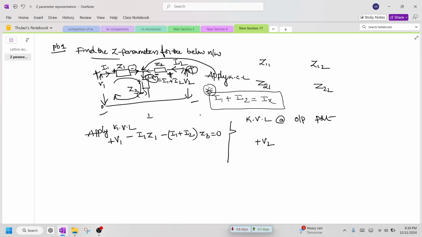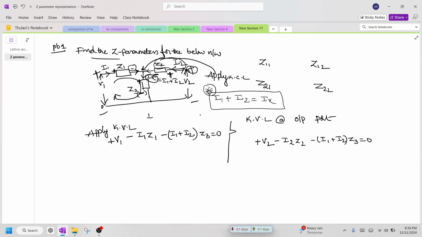So minus I2 Z2, I into R being the voltage drop. And in this branch, entering is positive and leaving is negative, so minus (I1 plus I2) multiplied with the impedance Z3 is equal to 0.